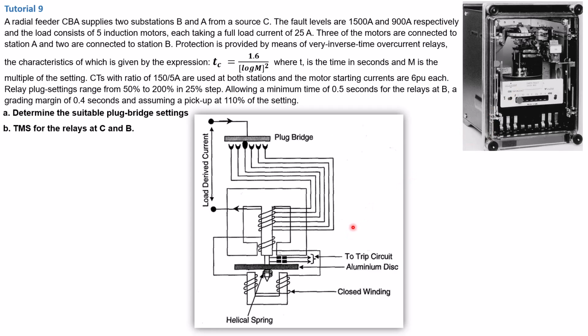Now, what causes the relay to trip faster is this disc here. As you can see, there is a disc there. This aluminum disc is going to turn faster when there is a higher fault current detected on your busbar. That is why it is inverse. So it's operating in an inverse way. Higher current, faster trip time.